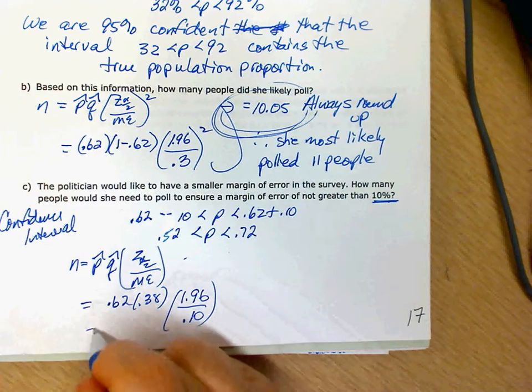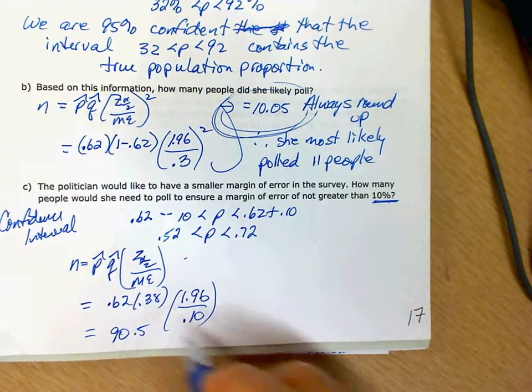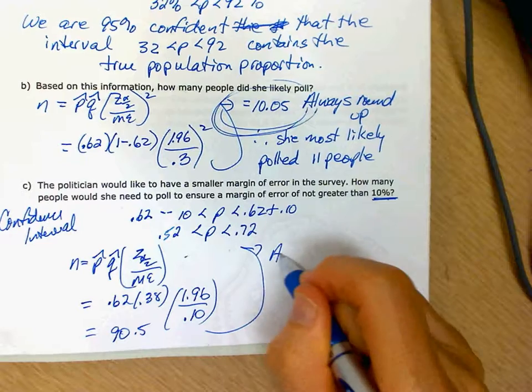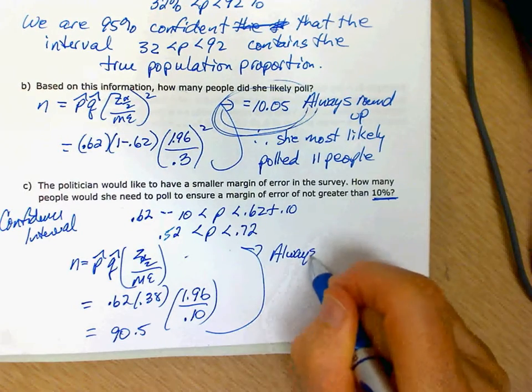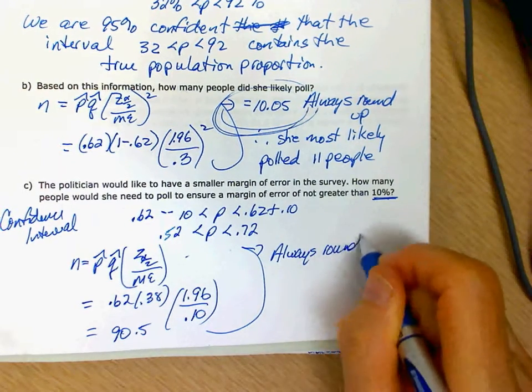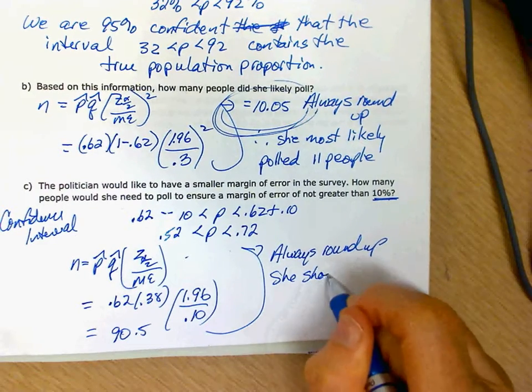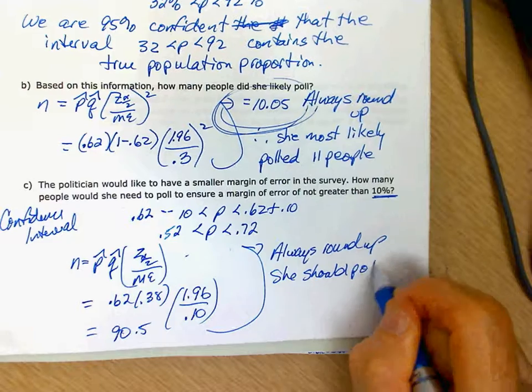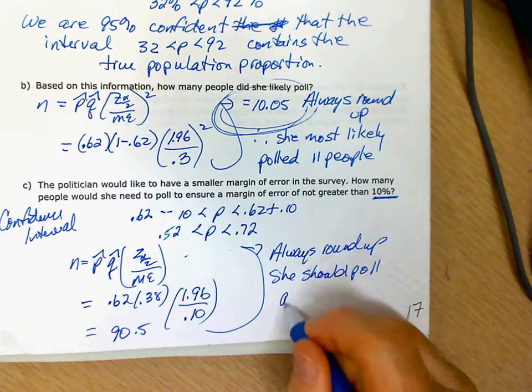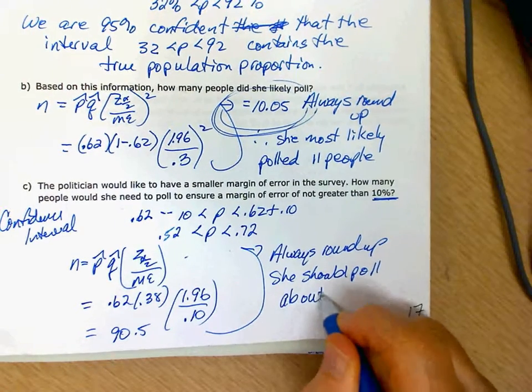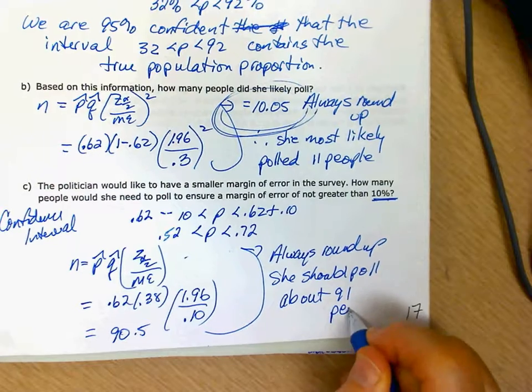So always round up. She should poll about 91 people to get a margin of error of only 10%.